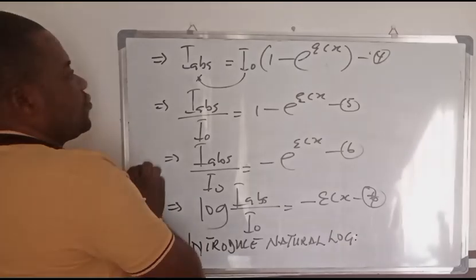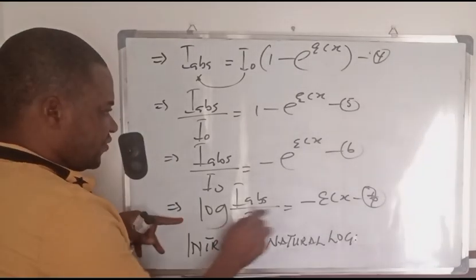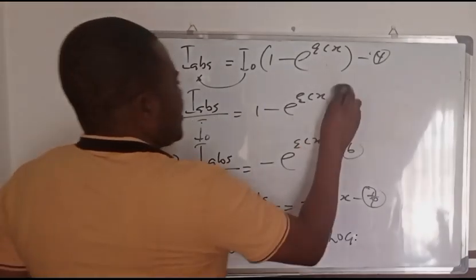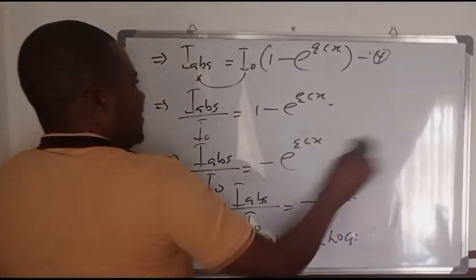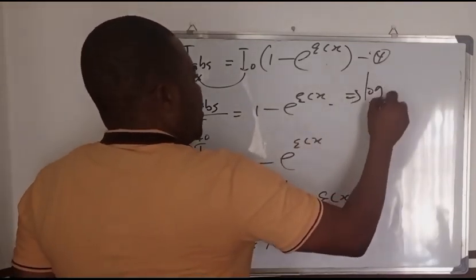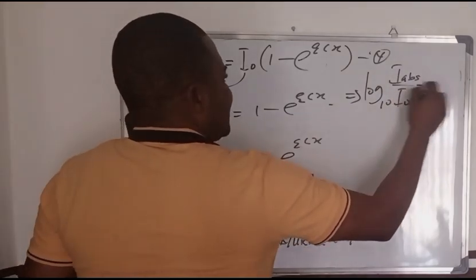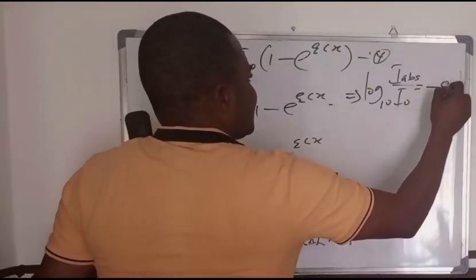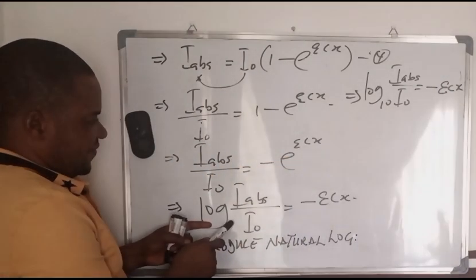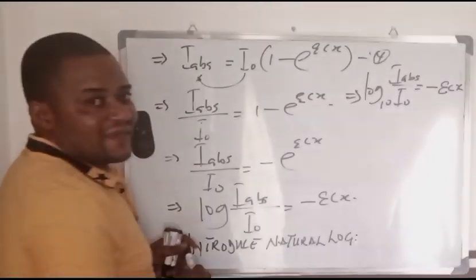So if we introduce the natural log, which is to base 10, this equation 7 will now be written as log base 10 of I absorbed over I0 is equal to what? Minus this. What we just did is to introduce a natural log. We just put 10 here.